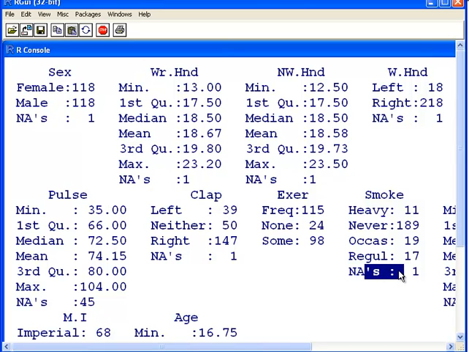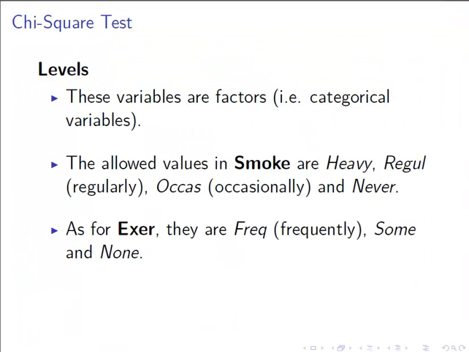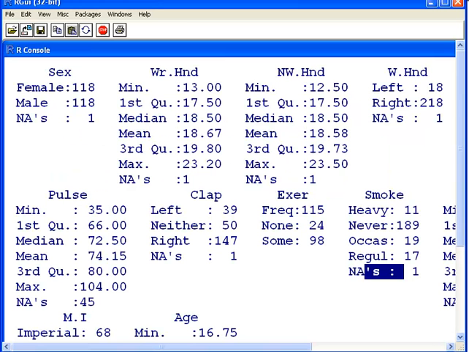So what we might do is get a cross tabulation of those variables. Let me go back to my notes, just to see if I've missed anything. Yeah, pretty much said everything I need to say. We're going to use the table command.